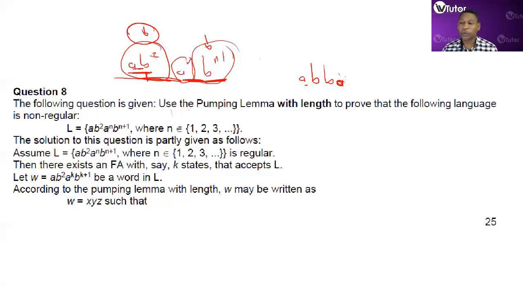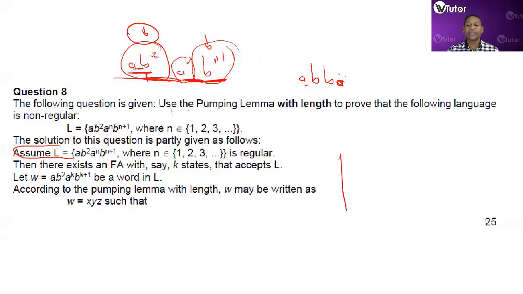Right. So if we go into the solution, because here they give us the first part of the solution, they say the solution starts by doing, we first assume the language is regular. So this is the assumption that we are negating at the end, the assumption that the language is regular.